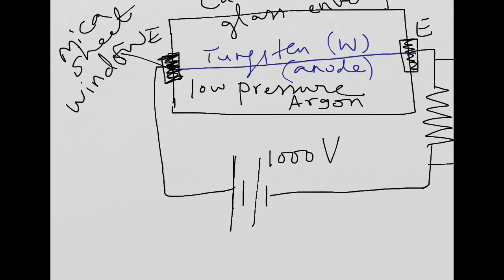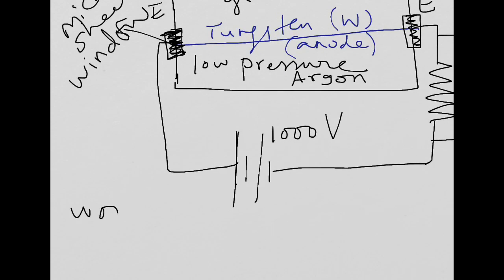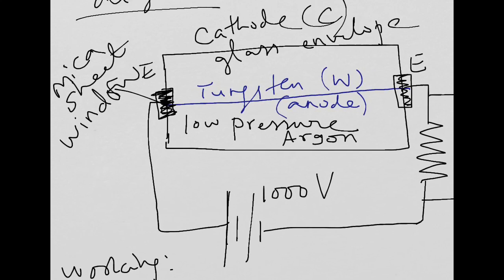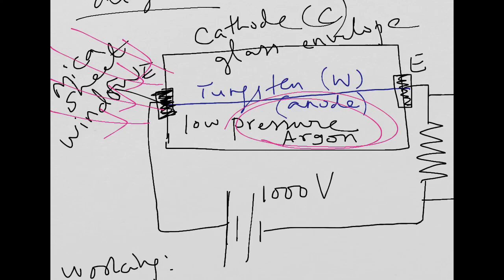So, the working now. Working is very simple. Immediately when the nuclear radiations fall through the window, the argon gas inside at low pressure is going to get ionized.